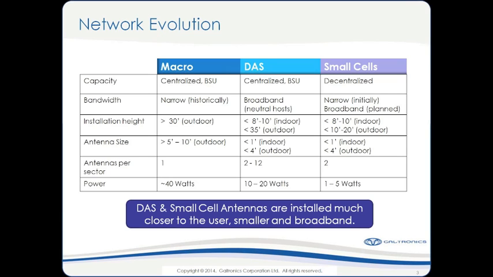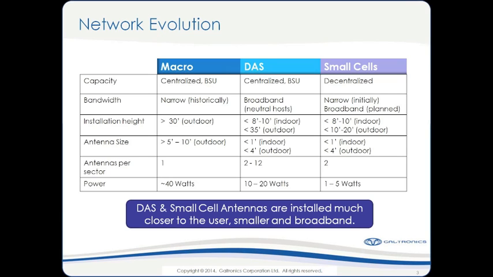When we look at DAS systems and these DAS antennas installed inside of buildings or on light posts or telephone poles, each one of these DAS systems tends to be very broadband because most of these installations are owned and operated by neutral hosts, and the intent of the neutral host is to enable as many carriers as possible.